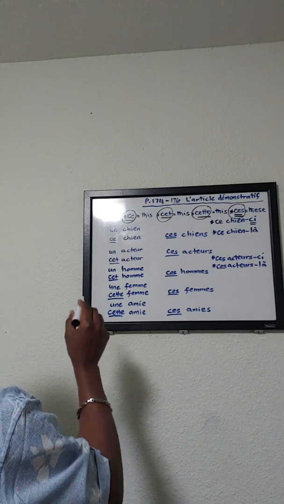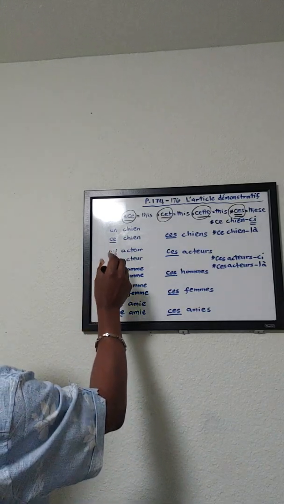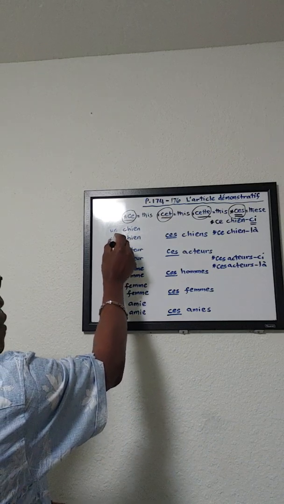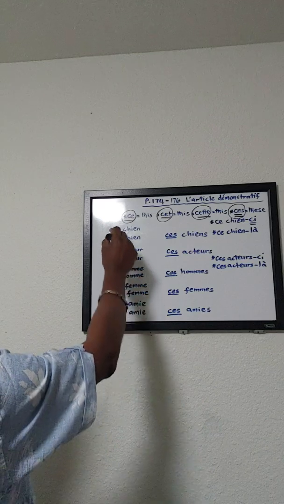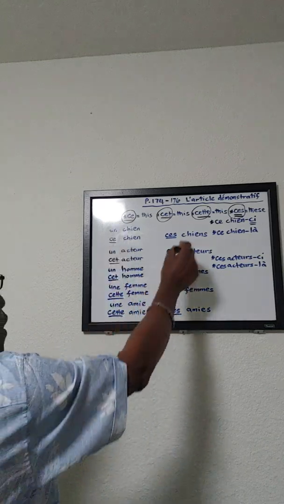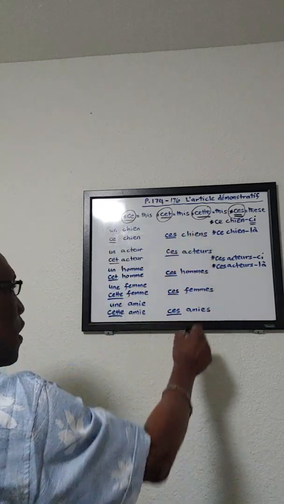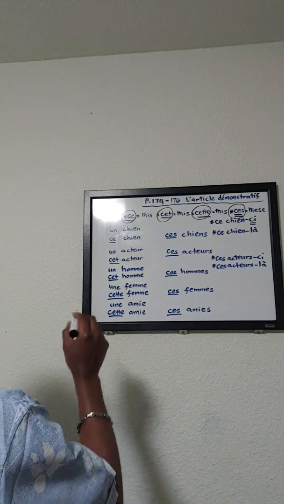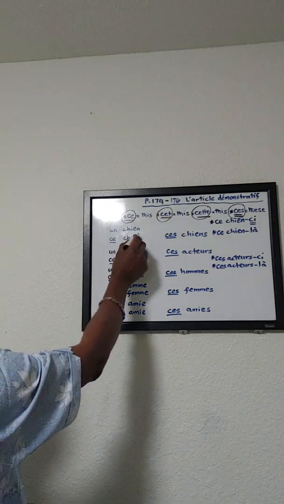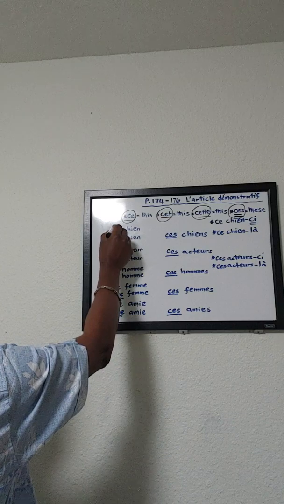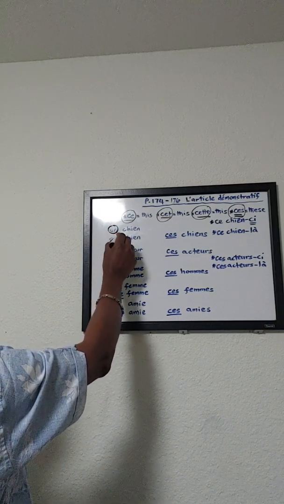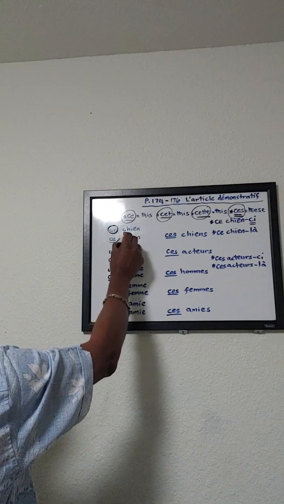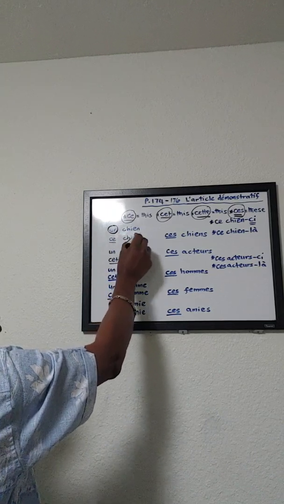Okay, now to illustrate, look at these nouns here. All right, now the first one, un chien, a dog. Now you know that un means that we are talking about a male dog, right?